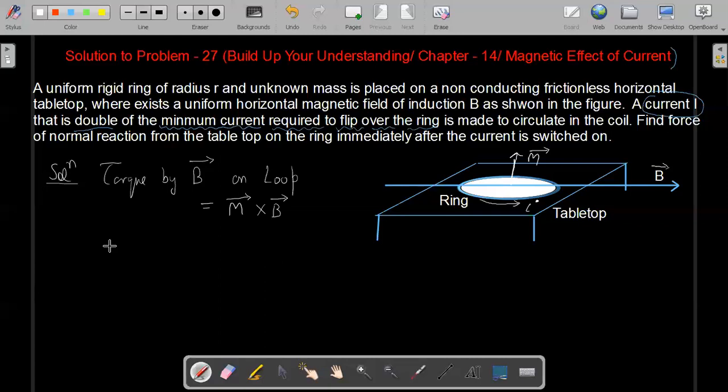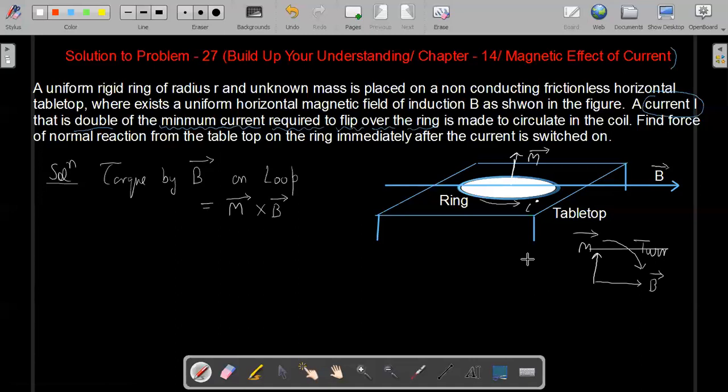So any loop which is free to rotate in the uniform magnetic field will rotate in such a way that its magnetic dipole moment M is aligned with the given magnetic field vector B along the shortest angle. What I mean is, this magnetic moment is in the vertically upward direction, and the magnetic field is on the right side. The loop will turn so that M vector is aligned with the magnetic field direction.